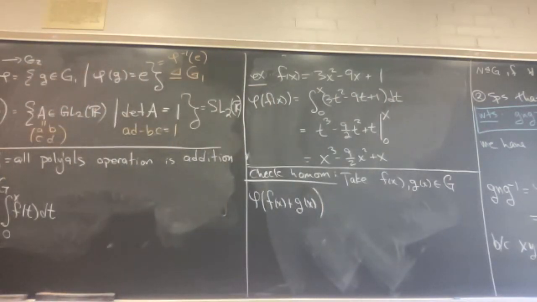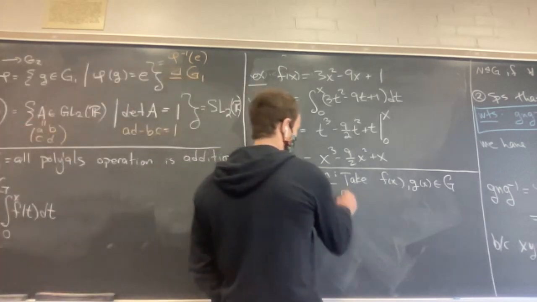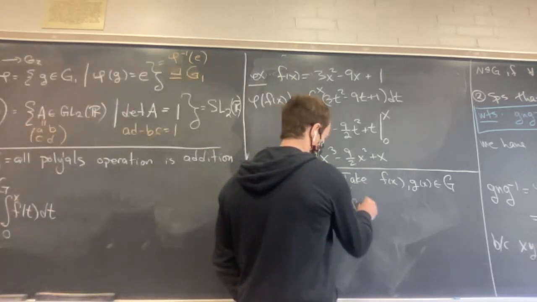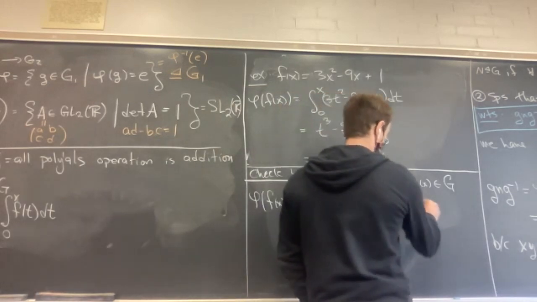Remember, our operation is addition, right? If the operation was multiplication, we'd actually be a little hosed. It wouldn't be a homomorphism, because the antiderivative is a bit trickier with multiplication. Okay, so this is going to be the integral from 0 to x of f of t plus g of t dt.